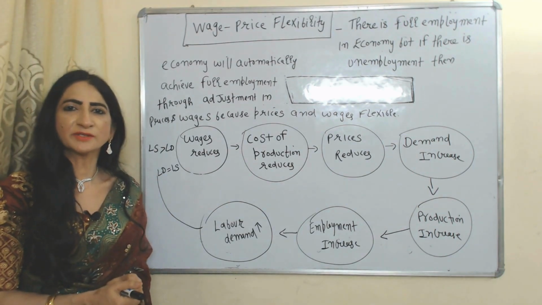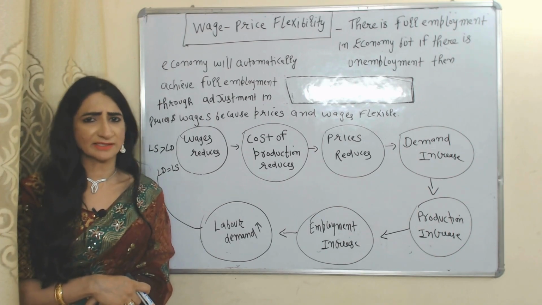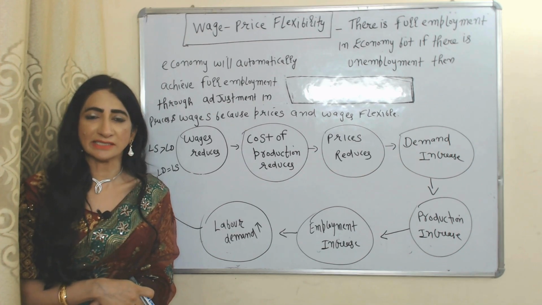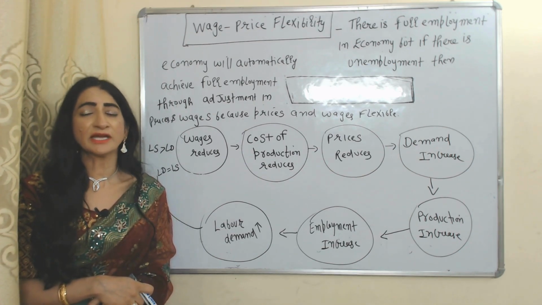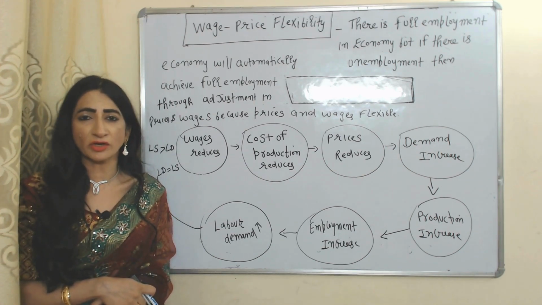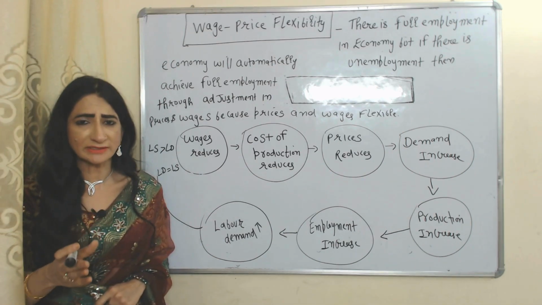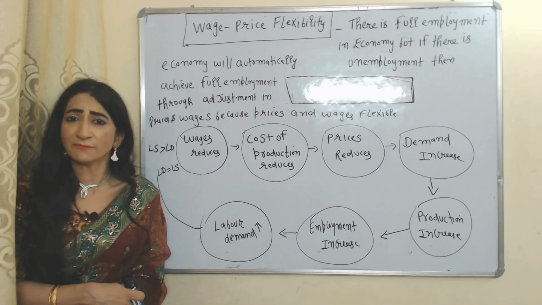Now we will see wage price flexibility. According to classical theory, there is existence of full employment in the economy. If there is unemployment, then the economy will automatically achieve full employment through adjustment in prices and wages, because prices and wages are flexible.